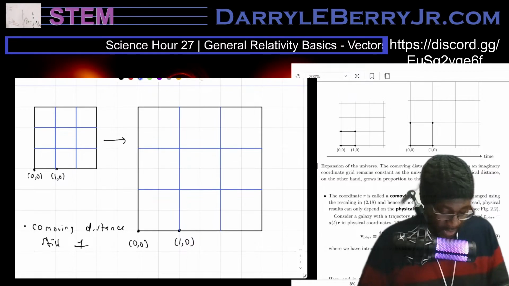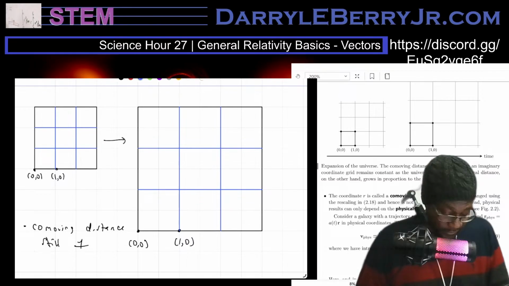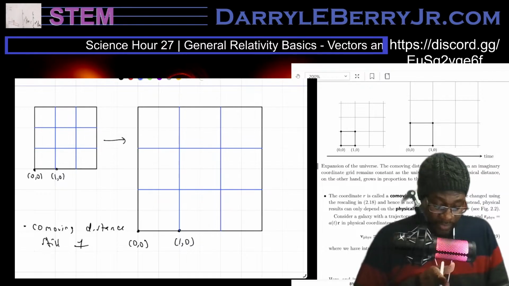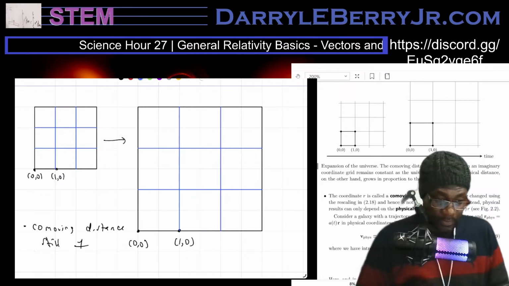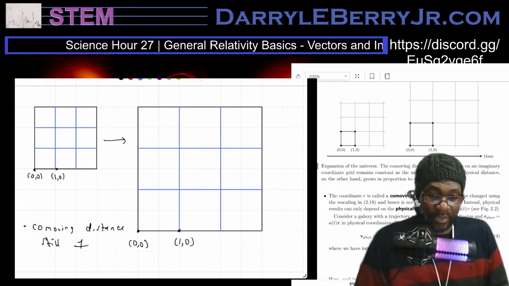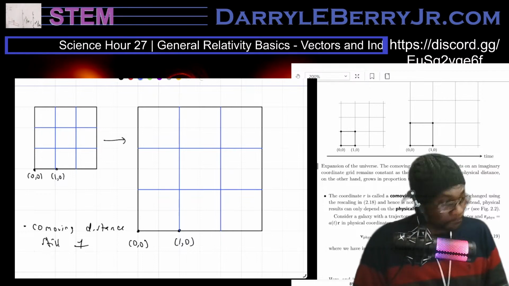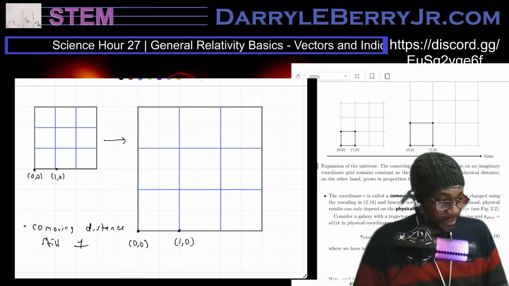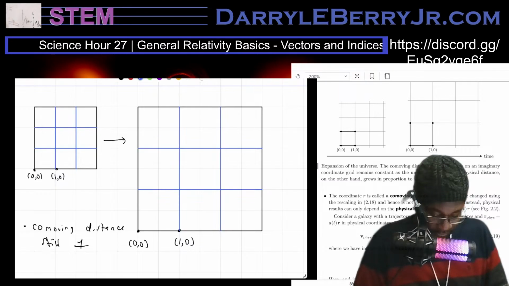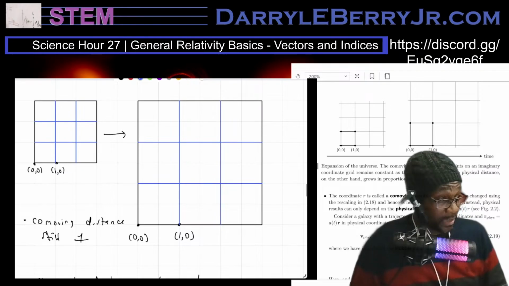And we can see here how the co-moving distance, which is based upon the actual point in the universe relative to other points, stays the same. But the physical coordinate distance changes as the expansion occurs. So I drew it here just like I have it in the book.